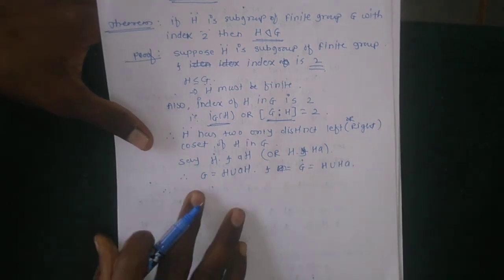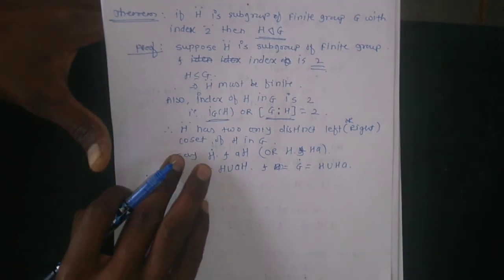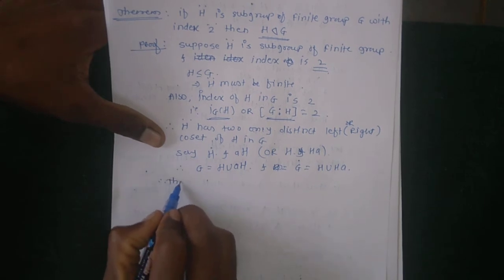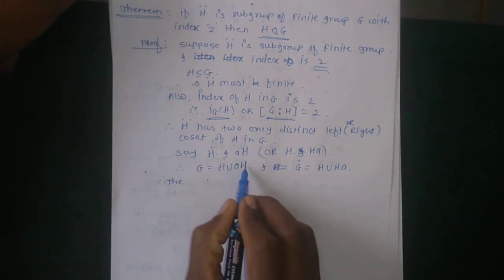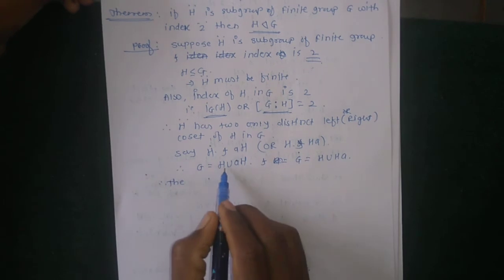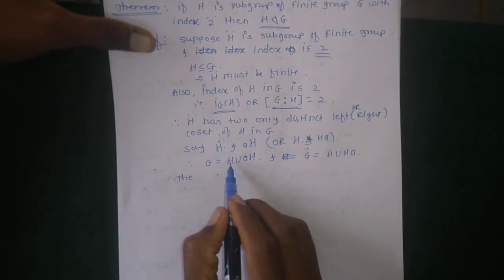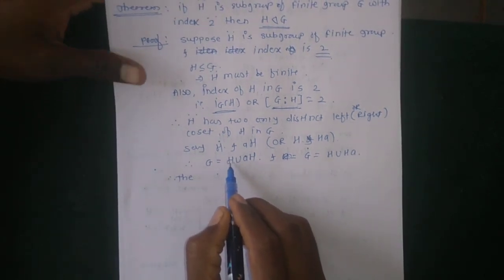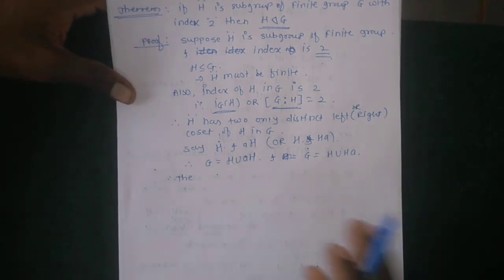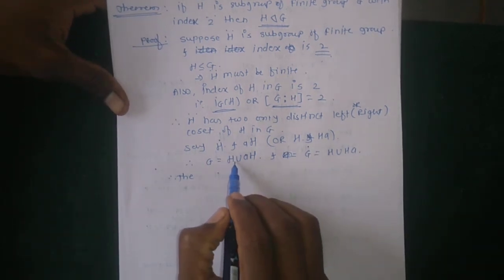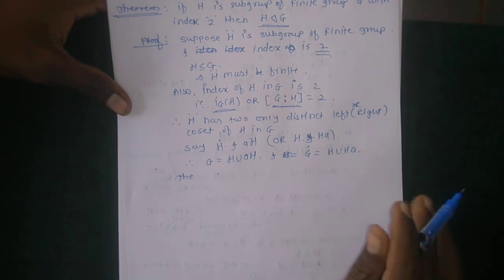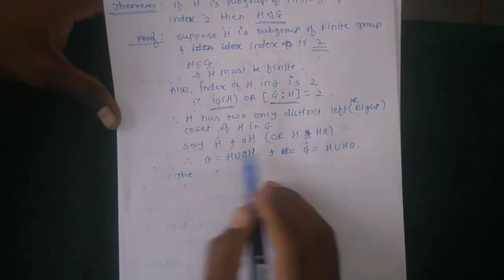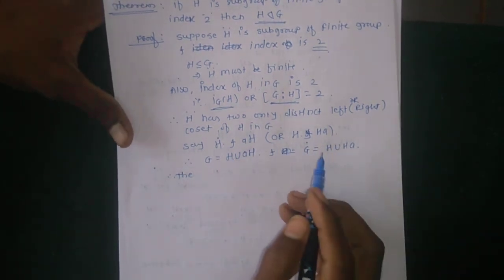So choose any coset, aH or Ha. H itself is compulsory as one coset, and the other is aH or Ha.